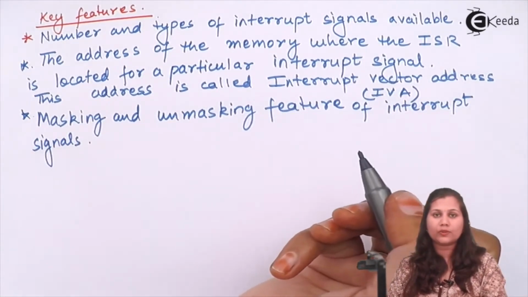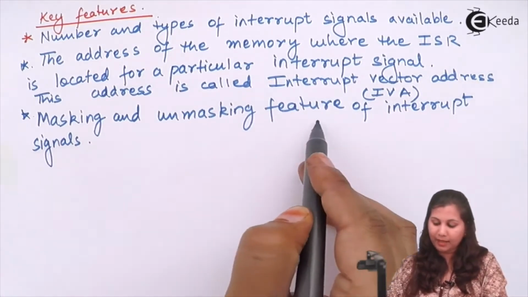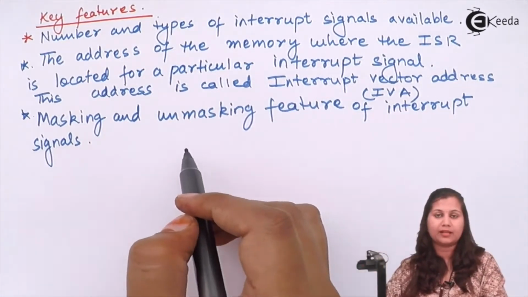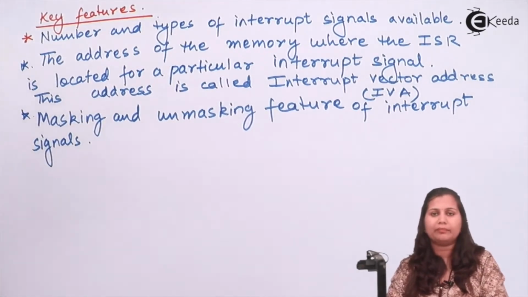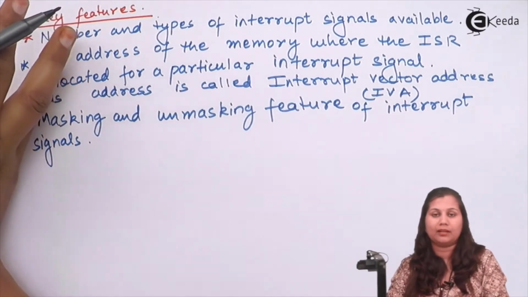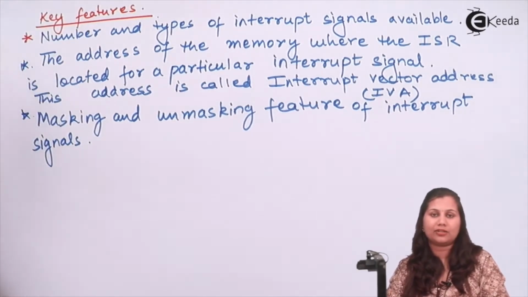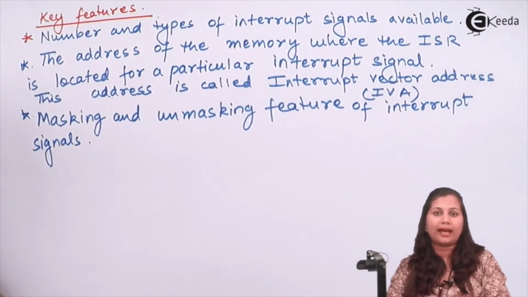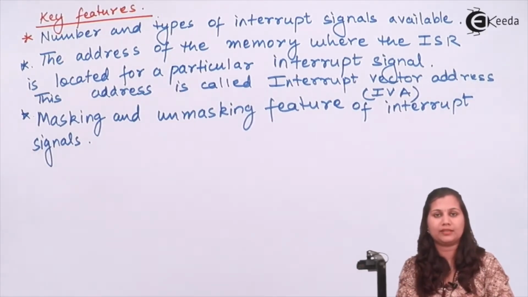The processor should also know about the masking and unmasking feature of interrupt signals. There are many types of interrupts available for the 8085. Out of those interrupts, some are maskable and some are non-maskable. Maskable means there are conditions when the processor can execute the main program, and after completing the execution of the main program, the processor is going to execute the service routine.